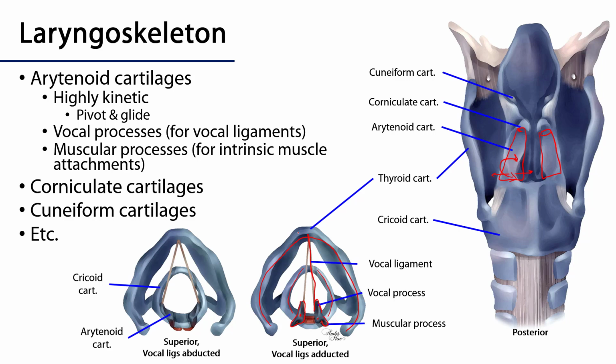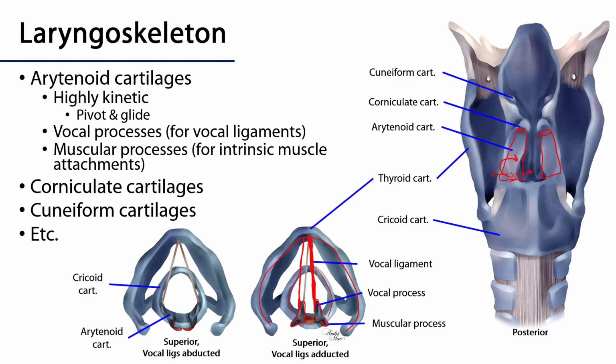So that vocal ligament is going to be associated with muscle and mucosa, and so that's what one would refer to as the vocal cord in total. There's also a false vocal cord formed by a vestibular ligament, which also attaches higher up on the arytenoid cartilage and goes to the thyroid cartilage, which we'll see better in profile.